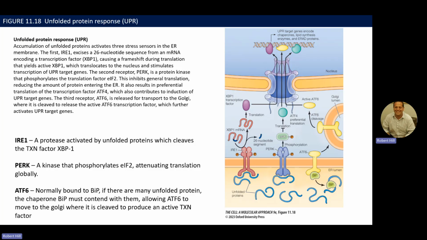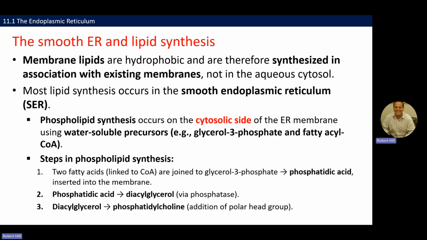All right, so once it's active, ATF6 will move to the Golgi apparatus where it gets cleaved, and one of the active segments or domains of ATF6 is a transcription factor, so it can go up and initiate transcription. Okay, so these are three very well known pathways involved in protein homeostasis and managing the unfolded protein response. IRE1, PERK, and ATF6.